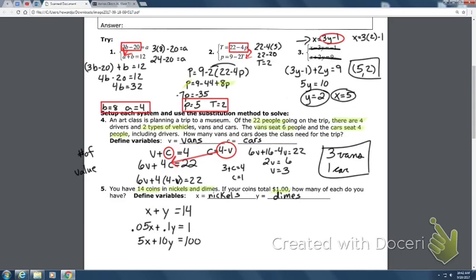Okay, so you can set it up like that instead. Now, you're going to see that kind of problem a lot where it talks about coins and setting it up like this. Okay. Now, you won't always be able to avoid using decimals.